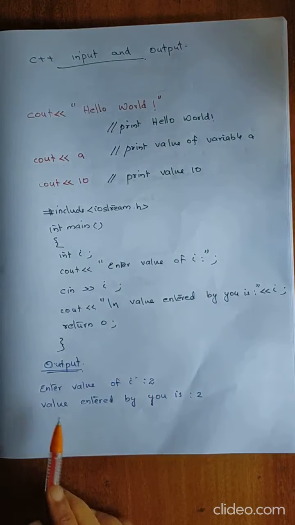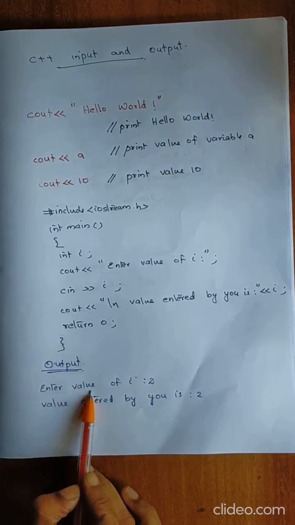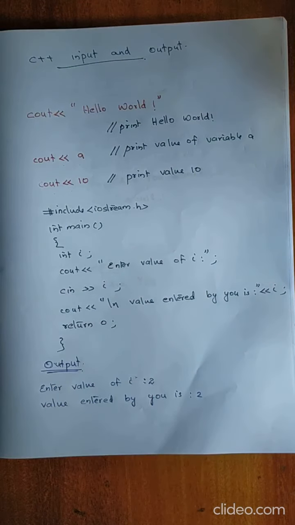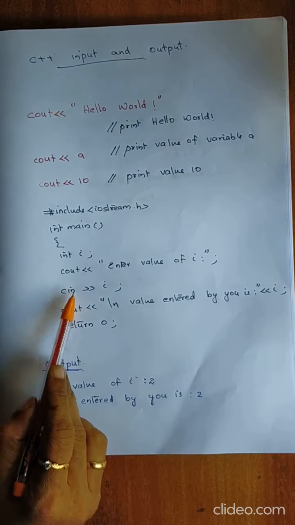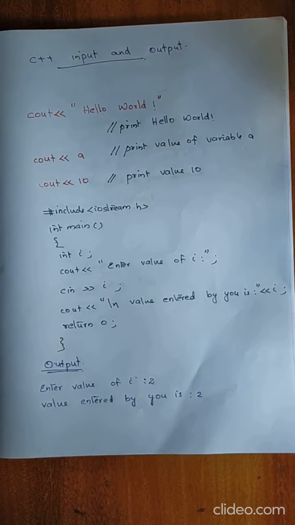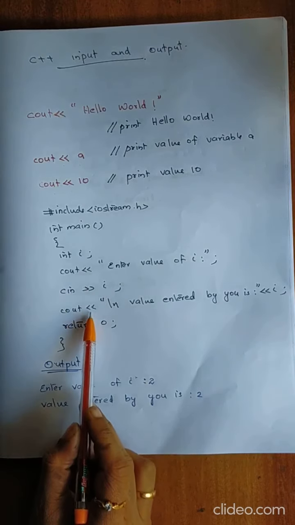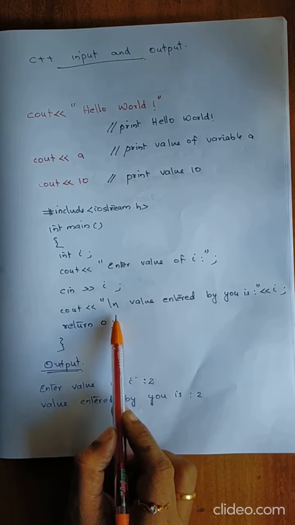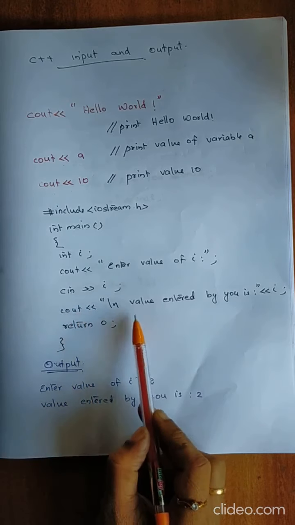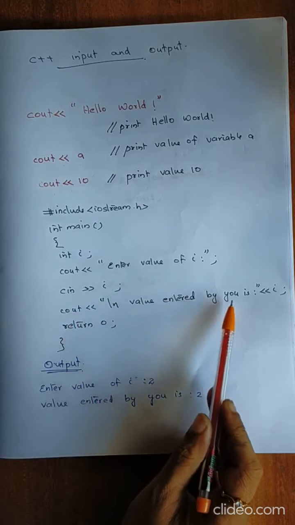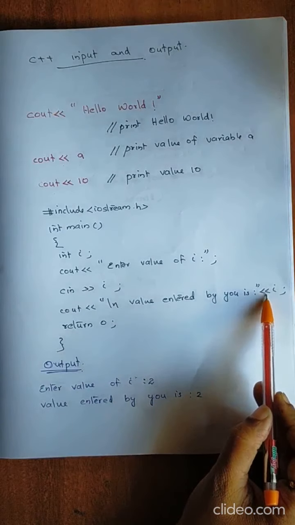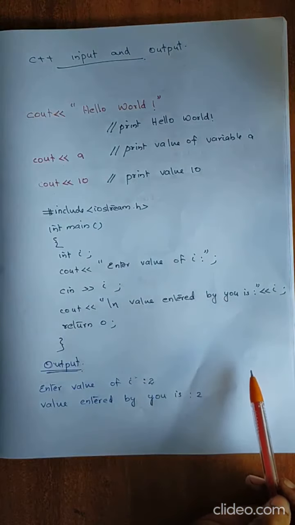That is, the output is enter value of i with colon, and cin i. Then cout, extraction operator. So here cout insertion operator, value entered by you is, insertion operator i.